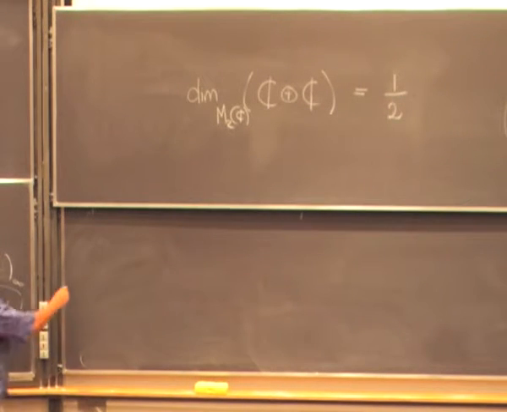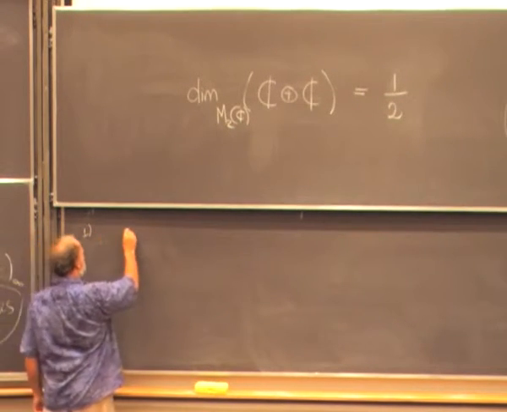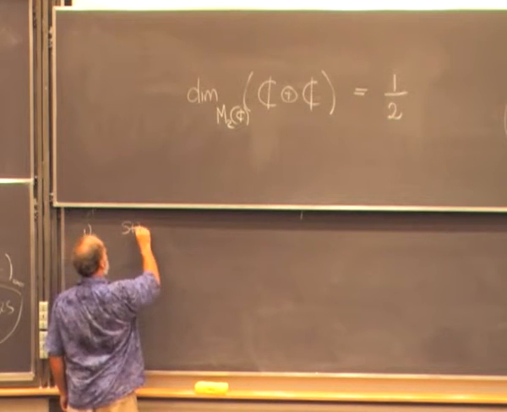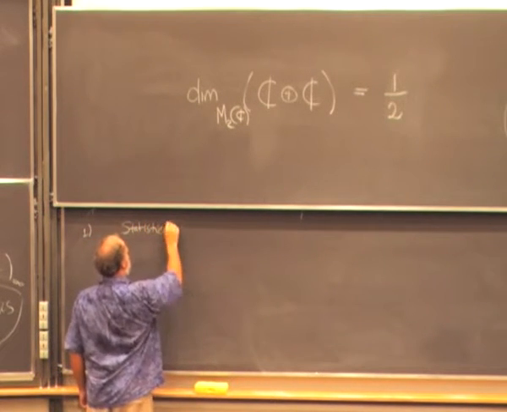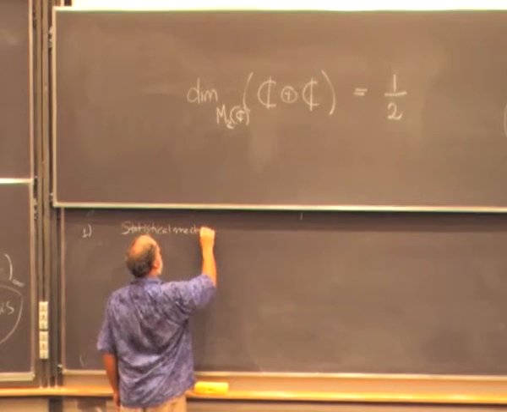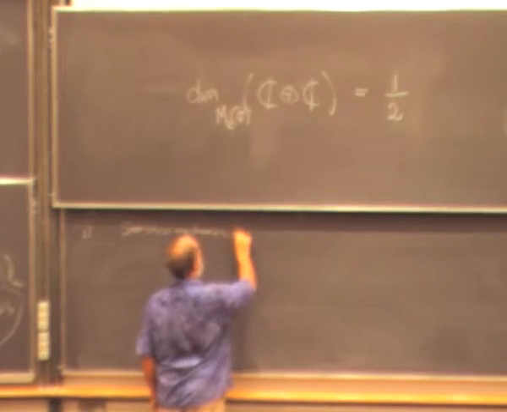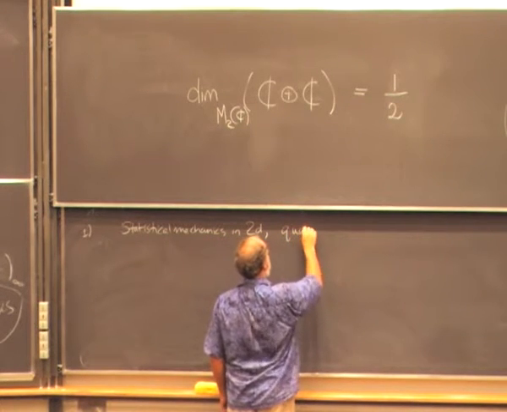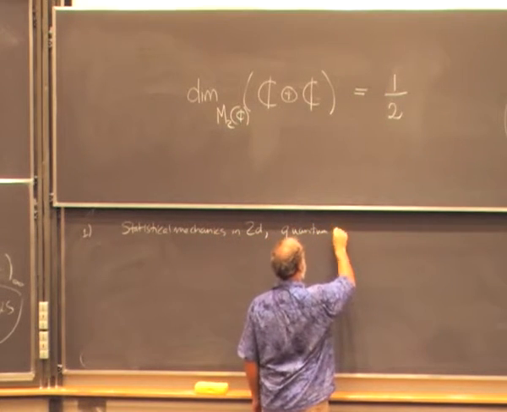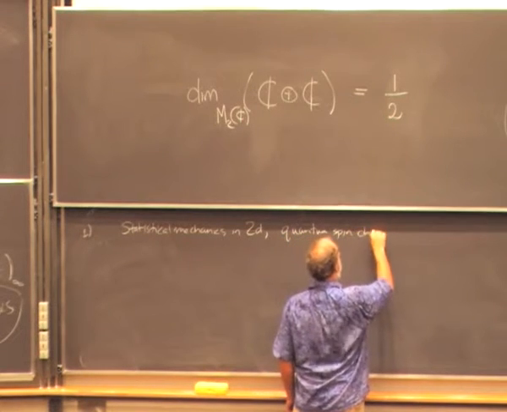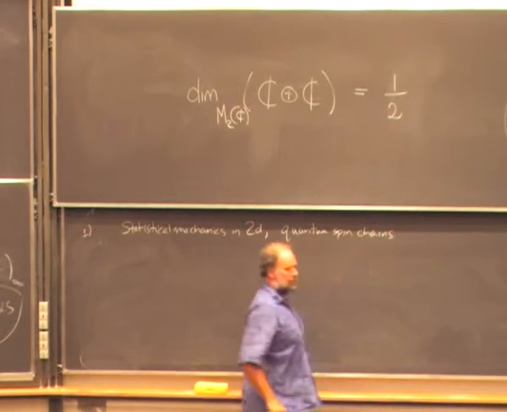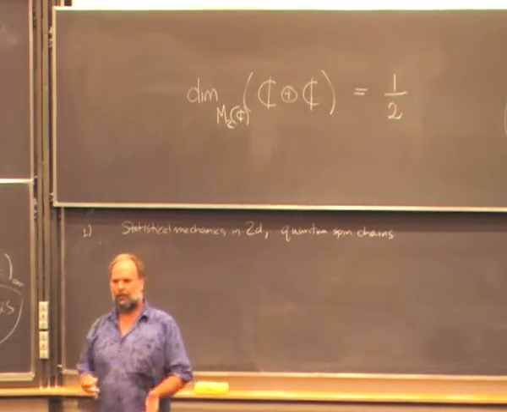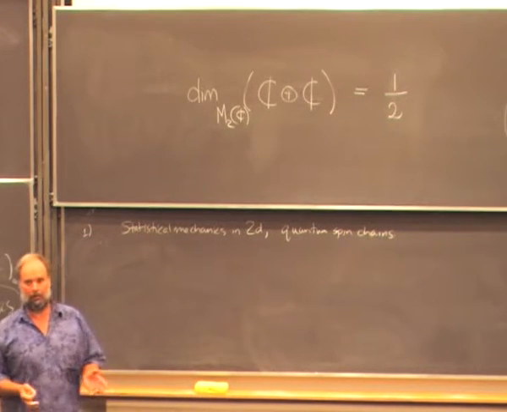Alright, so here are the 7 topics. The first one is statistical mechanics in 2 dimensions and quantum spin chains. These topics, or interactions with subfactors, I'm going to do more or less in chronological order.